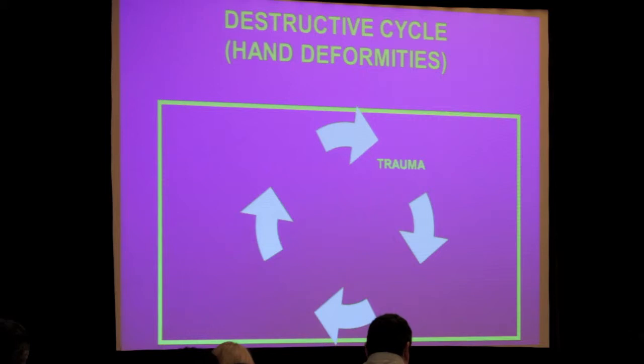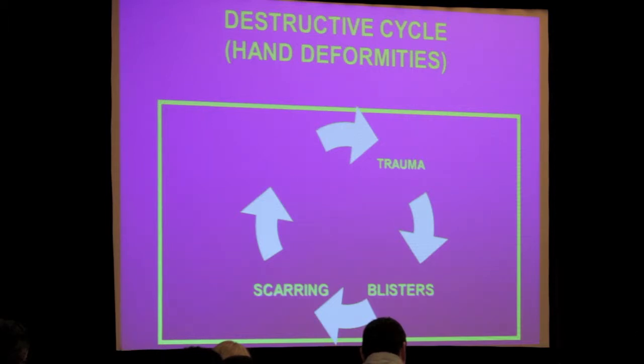So what happens? I'm a hand surgeon, so I'll be talking exclusively about problems in the hand in patients with EB. First, there's trauma, usually of a frictional nature. This results in cutaneous blistering.